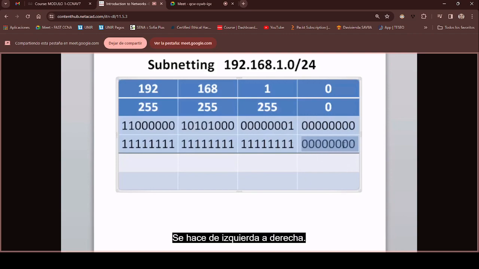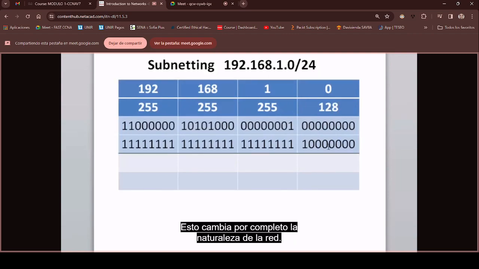This is done from left to right. So I could take this first 0 here on the left and change it to a 1. And now I've effectively changed the subnet mask from /24 to /25. If I convert this back to decimal, it's now 255.255.255.128. This completely changes the nature of the network.